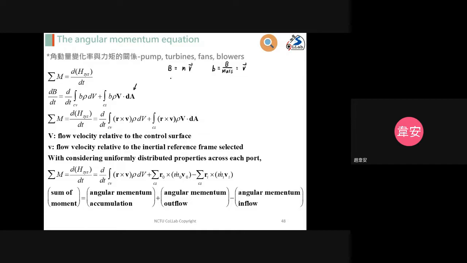But right now, we change. If we change the extensive property to be the mass multiplied by the force arm r cross the velocity, then B will become the force arm r cross the velocity V. So this is our new extensive property, and r is the force arm.